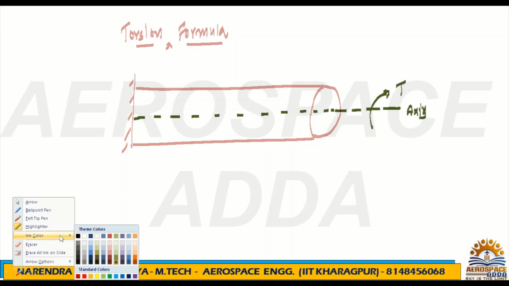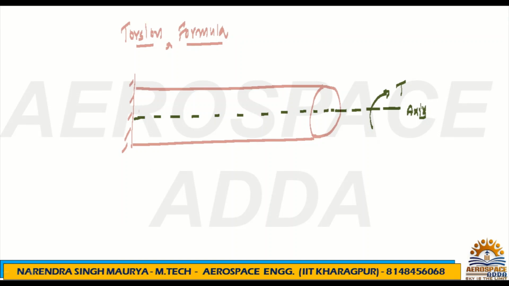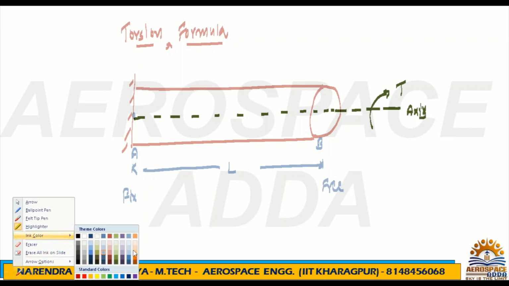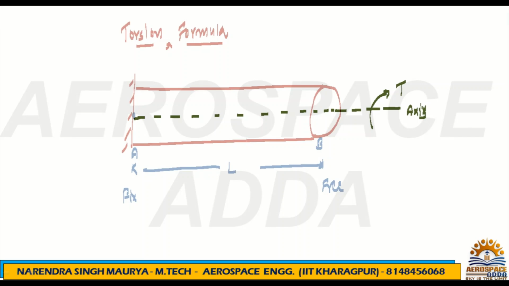This is the fixed end, and this is the free end. This end is A, here it is B, and the complete length is L. End A is fixed and end B is free. So if you apply torque, obviously the free end will rotate.